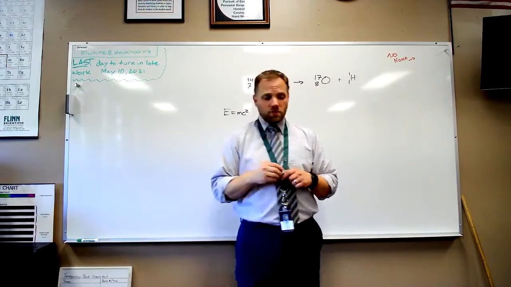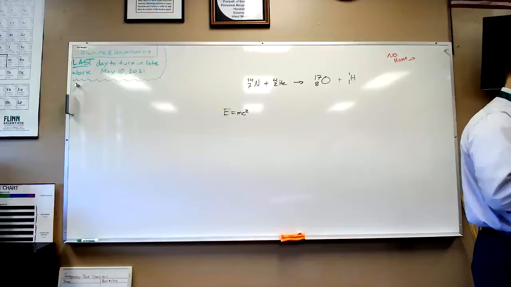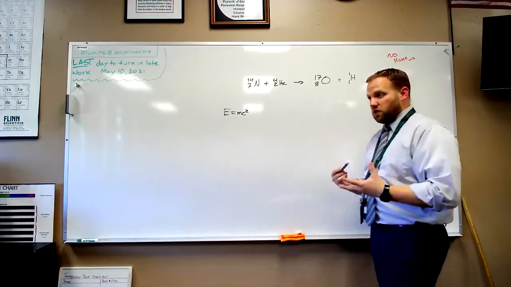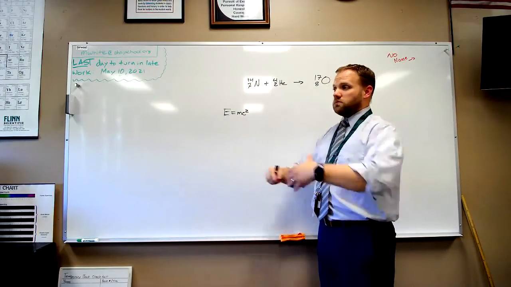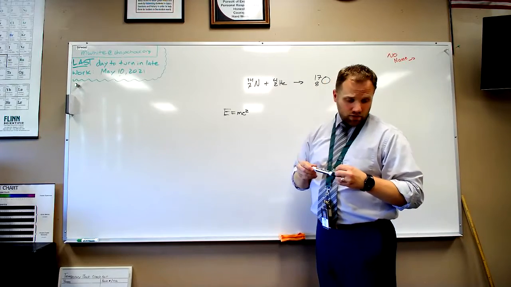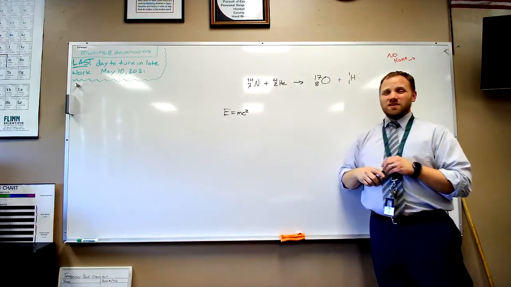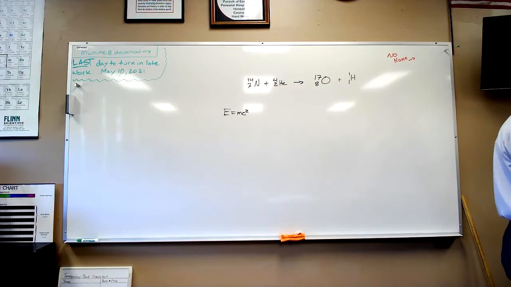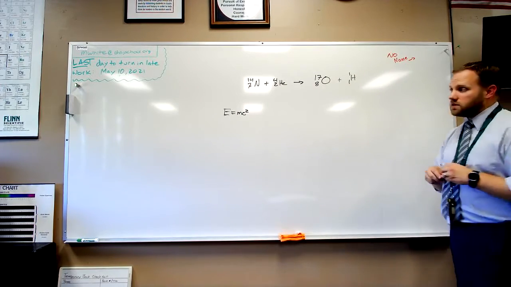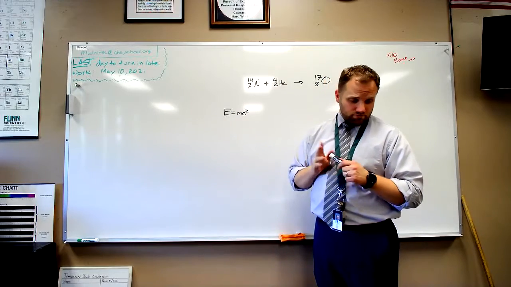We have nuclear power plants, and we'll talk a little bit about that as well. But this energy comes from changing masses. When we have transmutations, there are little tiny mass changes, and those mass changes result in energy.